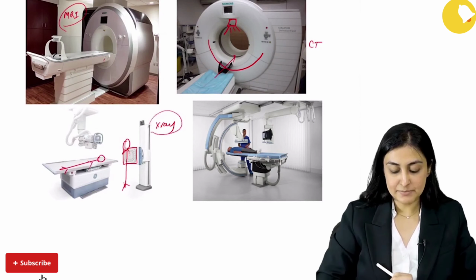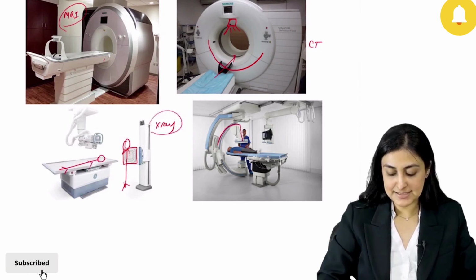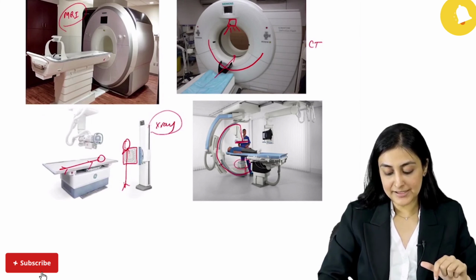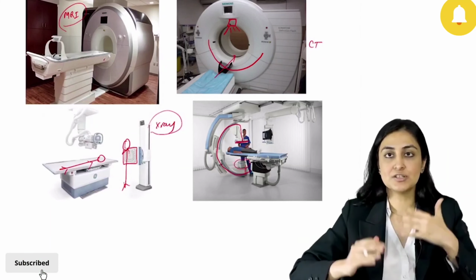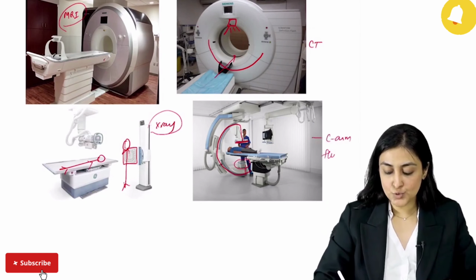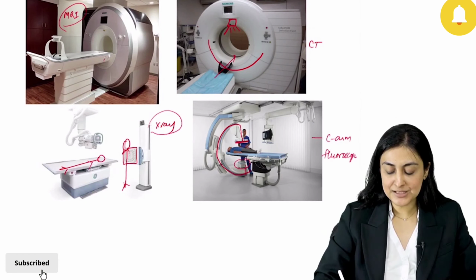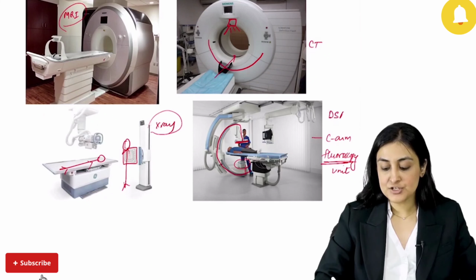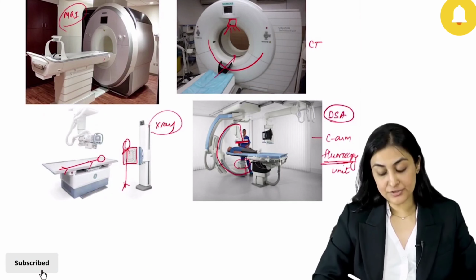Okay, so this is an X-ray machine, and when you see this C-shaped unit, wherein the X-ray tube and the detector can move in any direction, 360 degrees, this is called a C-arm fluoroscopy unit. So this is a video of the X-ray. This C-arm fluoroscopy unit can be used for fluoroscopy interventions or digital subtraction angiography.